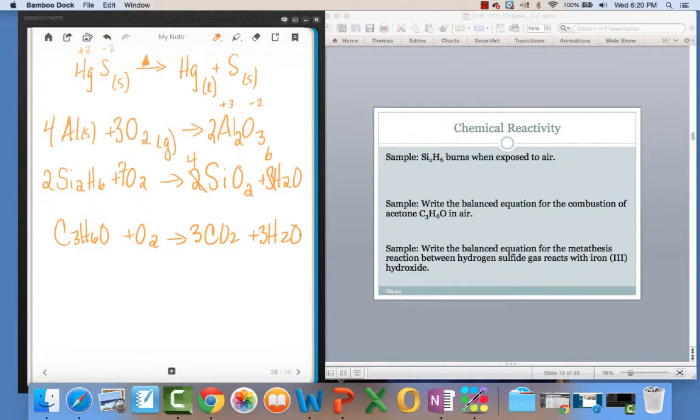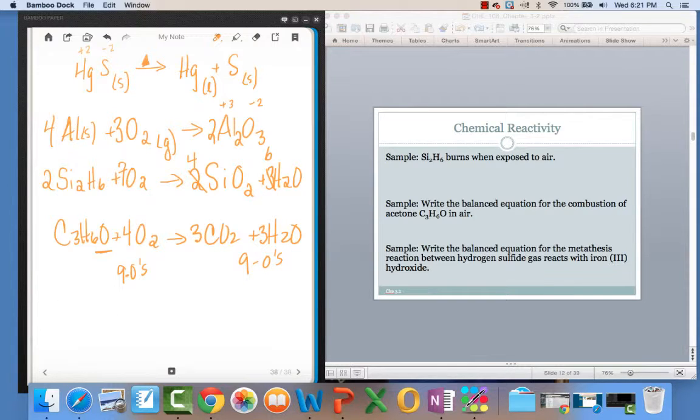So that's not going to work, right? Oh, yes it will, because there's one over here. So I can change this. I almost missed that. Move this plus sign over. So I can make this 4. 4 times 2 is 8, plus this one is 9. So 9 O's. And then over here I have 6, 7, 8, 9 O's. I'm good.